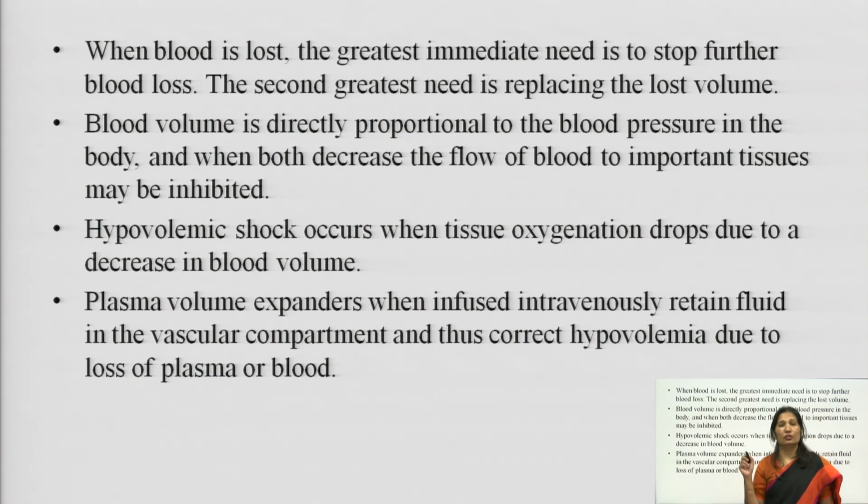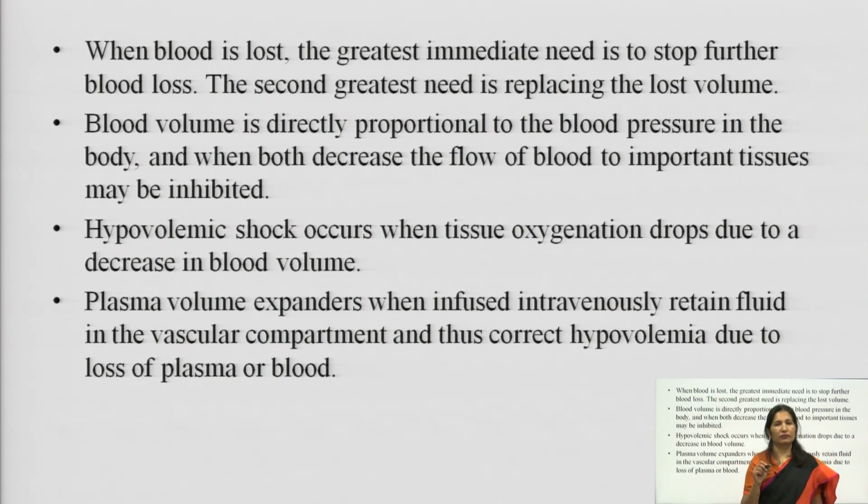So, whenever blood is lost, the greatest immediate need is to stop further blood loss, and the second greatest need is to replace the lost volume. Why? Because blood volume is directly proportional to blood pressure.